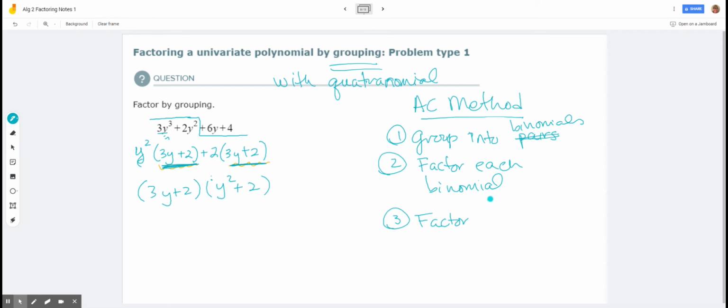You know what? This is not the AC method. The opposite method is called that. This is just factor by grouping. The AC method is for actually factoring a trinomial. Okay, factor again. By that I mean the way it's going to look is you'll have some number A times some grouping, I'll put a star, and then maybe plus B times star.